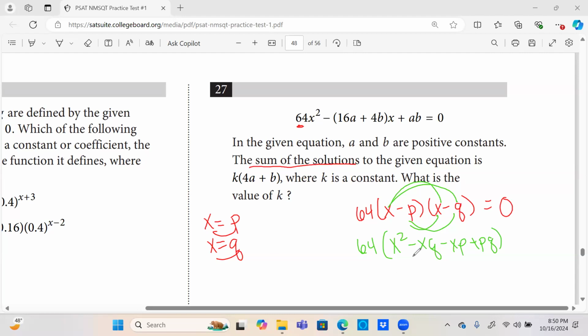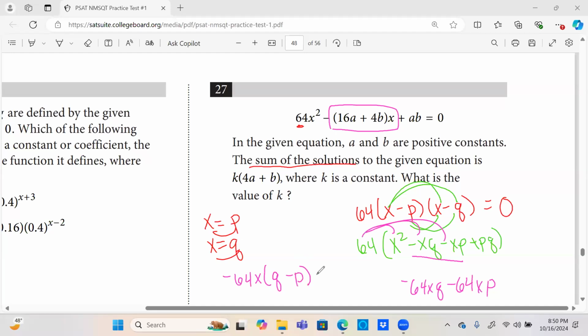But I guess, right, if you just look at the x stuff, if you distribute this through and just look at the middle, it would be negative 64xq, negative 64xp. That is the same as this. That's the middle term. So if you factor out the negative 64 and the x, you would have q minus p. Is that right? They have p plus q. Okay, I give up on that. I like my way better. Go with my way.